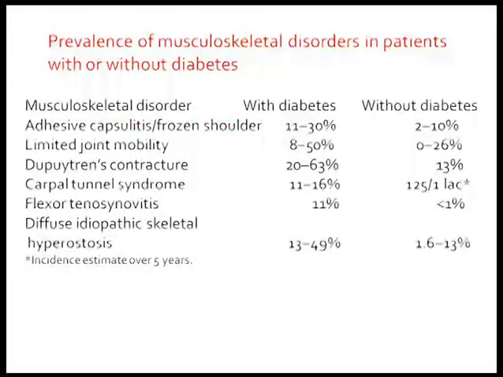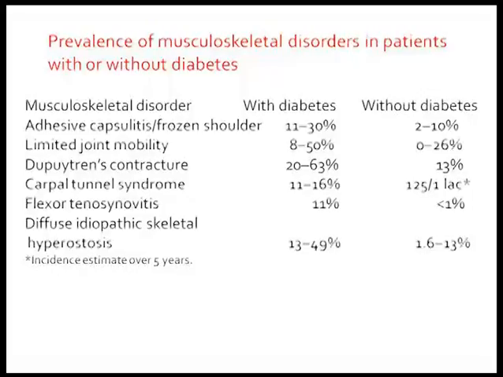Now, if you compare the prevalence of musculoskeletal disorders in patients with or without diabetes, you will see that definitely the percentage of some of the disorders is much higher in the population who are diabetic as compared to those who are not diabetic. So if you see frozen shoulder, definitely much higher, 11 to 30% in diabetic patients, only 2 to 10% in non-diabetic patients.